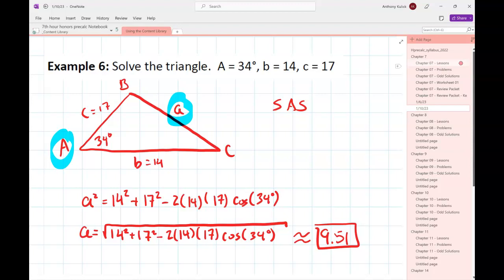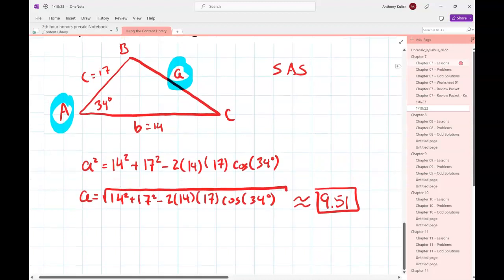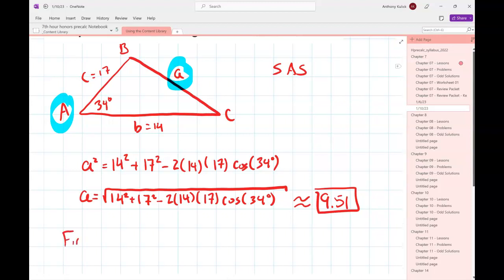That's what we want to avoid, so we don't have to deal with two sets of measurements and figuring out which set is actually the answer we want. To ensure that we never have to do that, we want to find the smaller angle next.